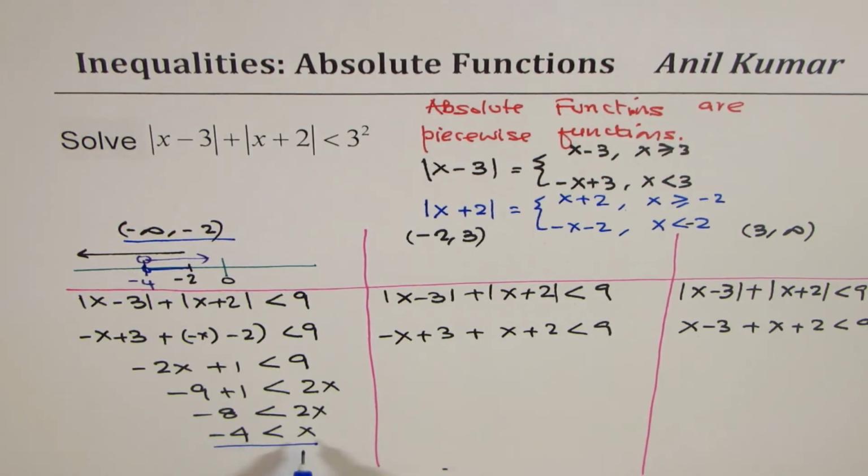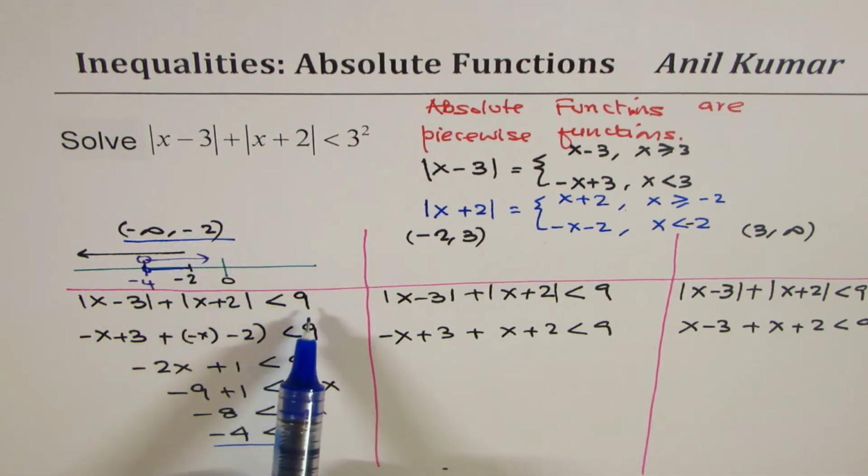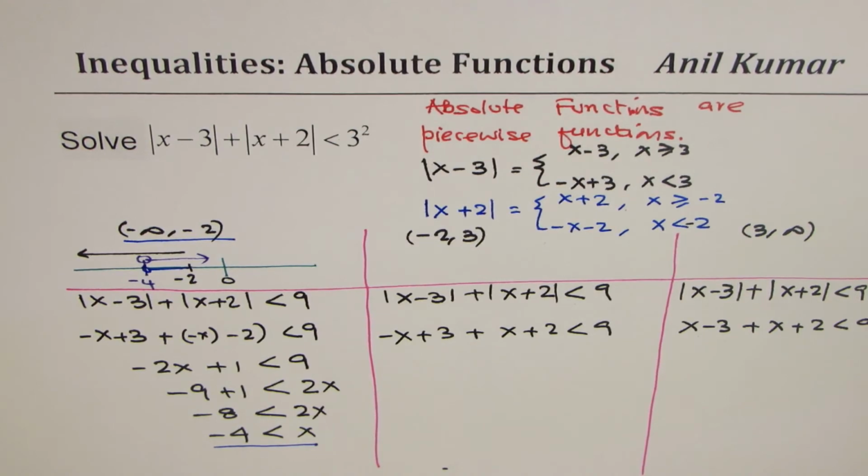However, the inequality is less than minus 2. So wherever it is 0 or equal to, those points will not be considered. Correct? So the solution in this interval becomes from minus 4 to minus 2. So that becomes the solution.